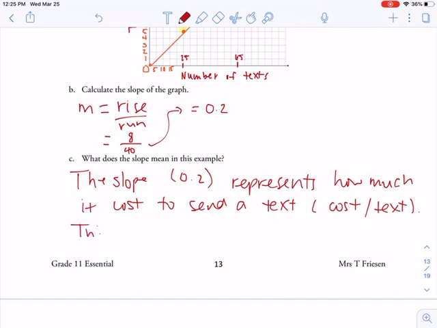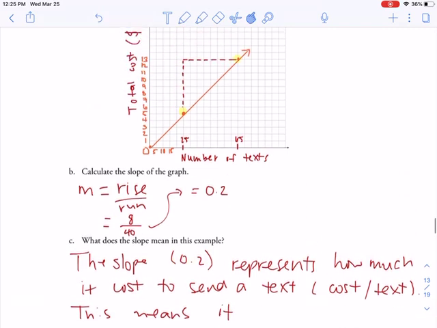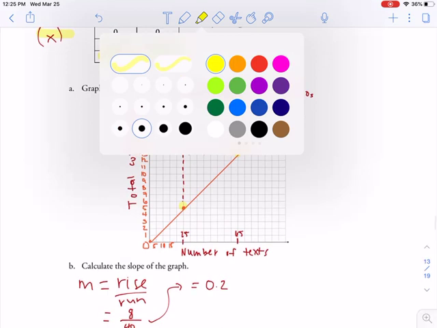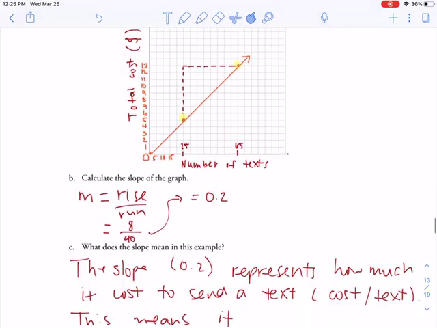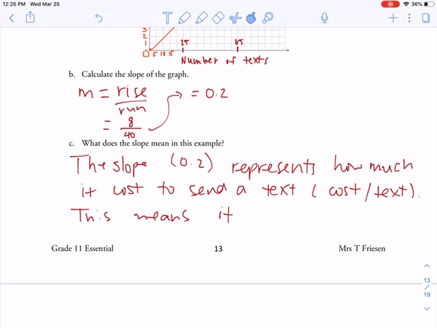This means it cost 0.2 of a dollar, right? 0.2 is the value we got, and we knew that our unit in the graph was dollars. And so it means it costs 0.2 of a dollar, which is 20 cents, to send one text.